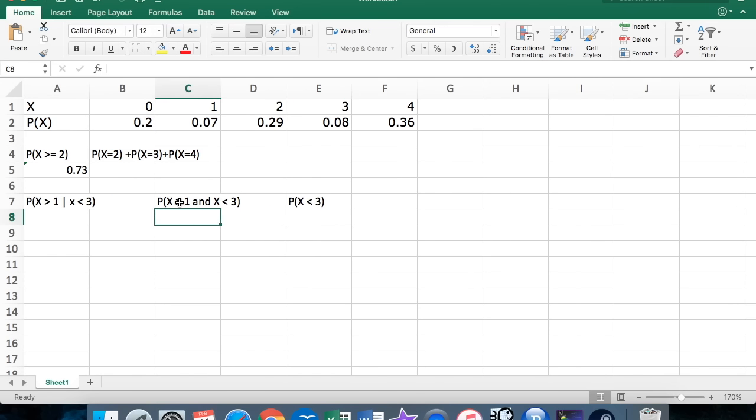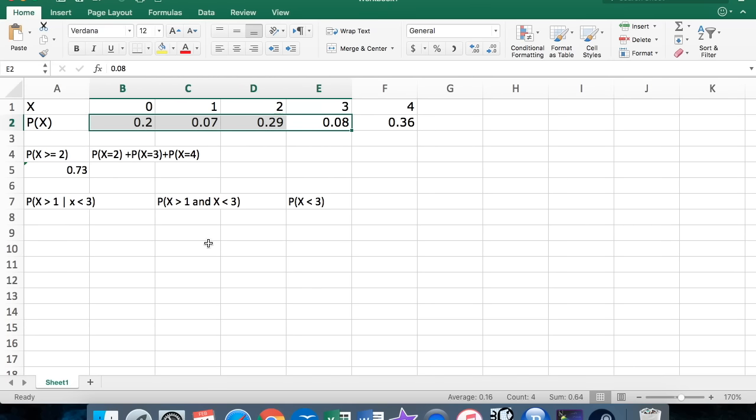Okay, so let's find this one. We want to find the intersection between x is greater than 1 and x is less than 3. So x is greater than 1, so it's not including 1, so we start at 2, right? So the first part is 2, 3, 4. All right, but now look at the second part. It has to be also less than 3, not including 3. So that means it has to go all the way down this way.